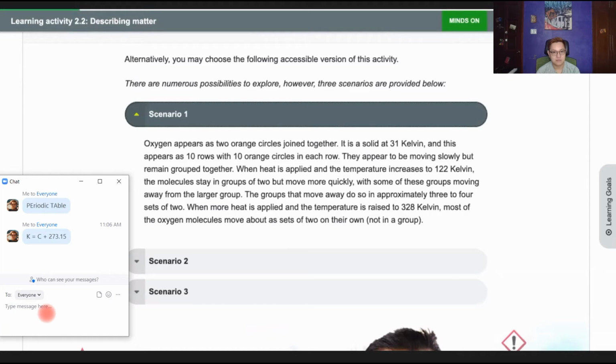When more heat is applied and the temperature is raised to 328 Kelvin, most of the oxygen molecules move about as a set of two on their own, not in a group.